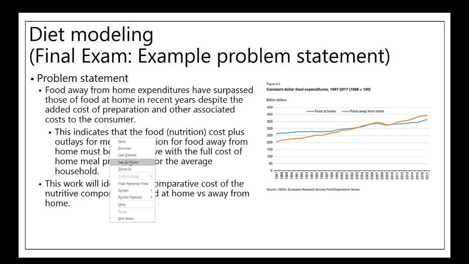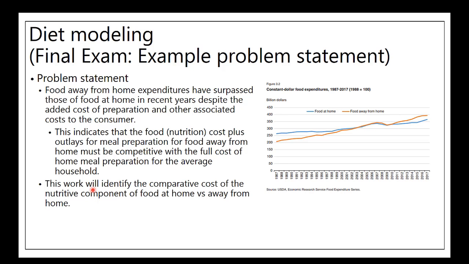And so the note here says that this indicates the nutrition costs plus the outlays of meal preparation and food away from home must be competitive with what we would call the full cost of home meal preparation for the average household. This would boil down to an average food away from home expense if you divide it by every household. The point of the extension work that I would like to do with the nutrition problem is to think about a diet model that gives me cost comparisons between food at home choices and food away from home choices.